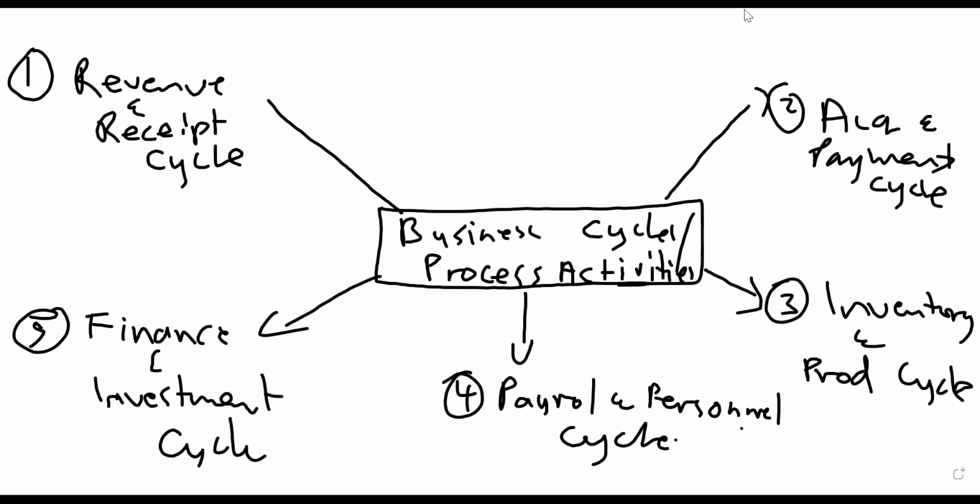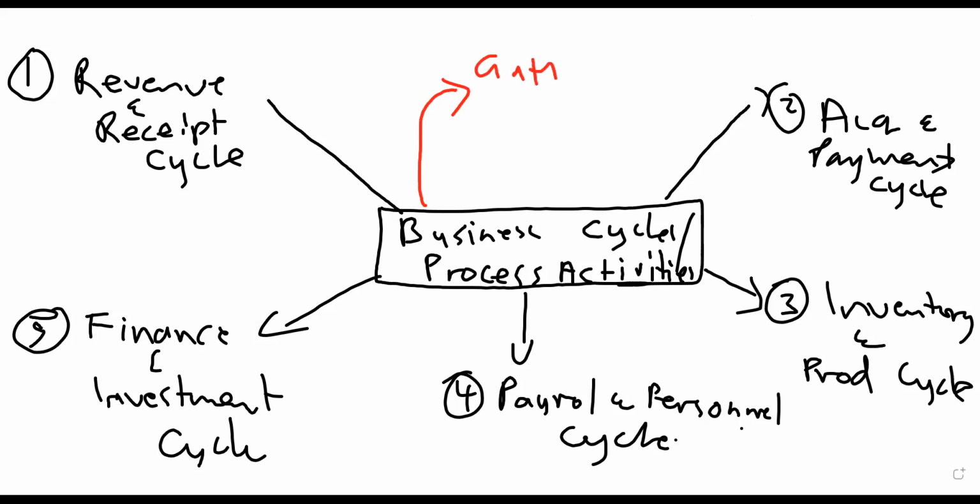So these are the five essential process activities or business cycles of note that we are going to be looking at. And obviously the reason behind us going through each one of them is so that we can achieve this objective.